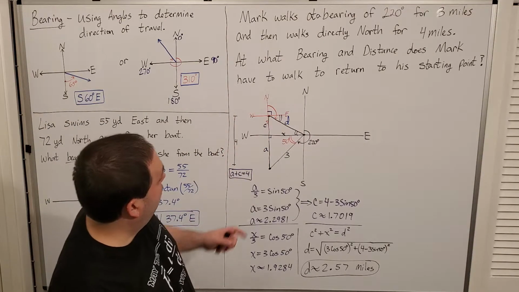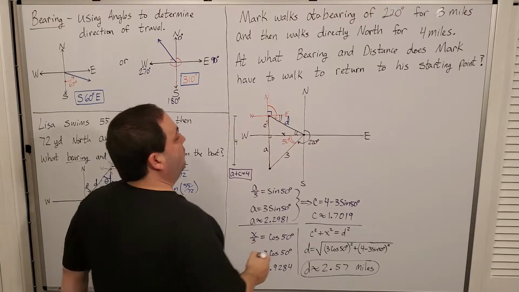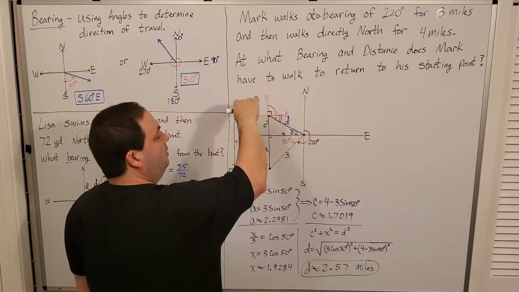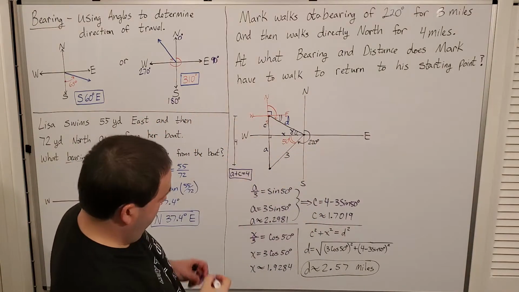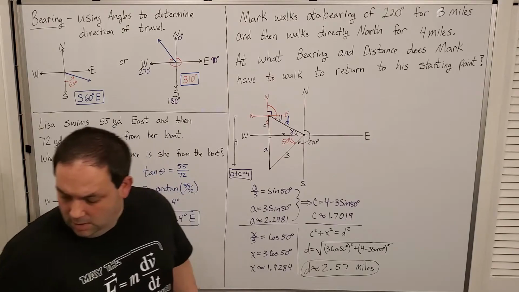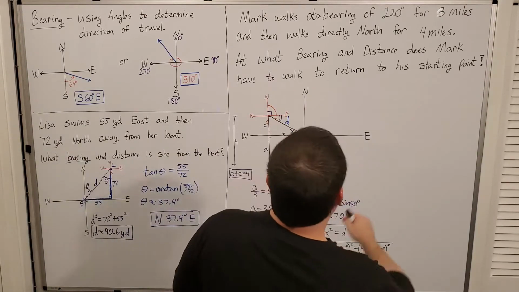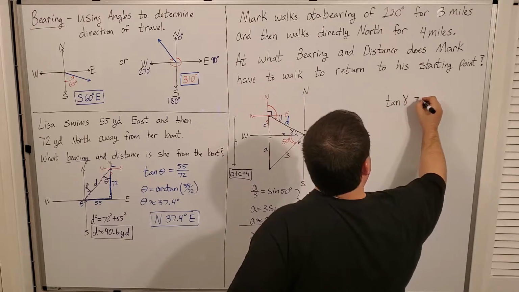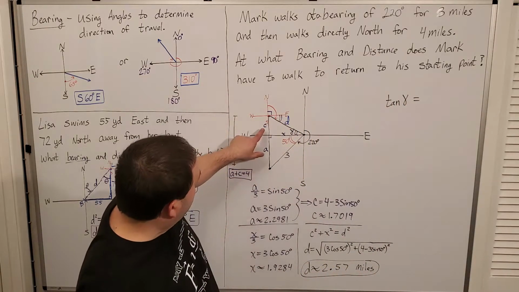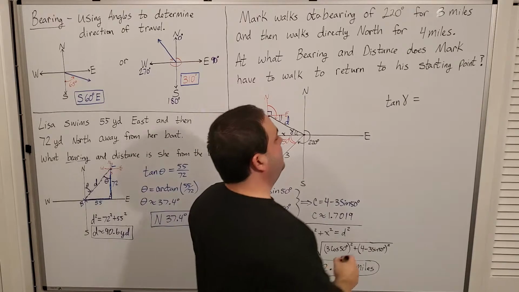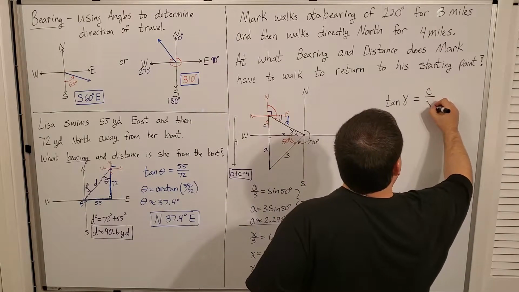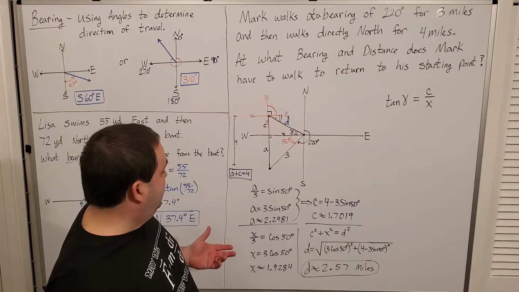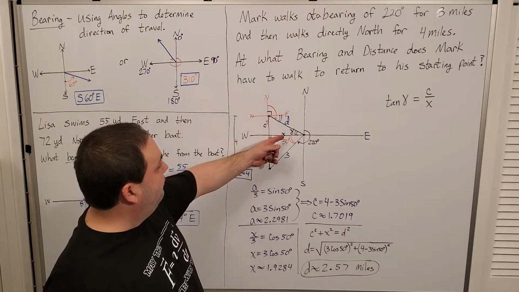Okay? So right here, let's call this angle gamma. I'll do the little, it looks like a little ribbon, right? Gamma. So the tangent of gamma is going to be the opposite over the adjacent, C over X. Okay? Now I already know what C and X are, and I'm looking for the angle.